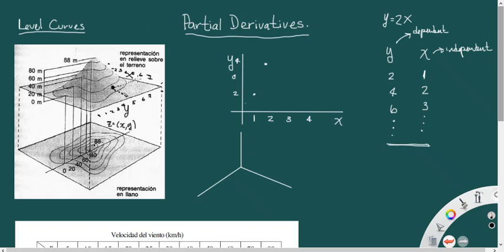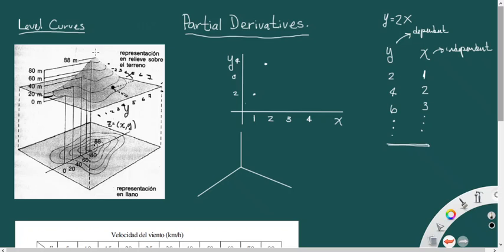So if x equals 6 and y equals 5, then z is going to be equal to some value between 10 and 20 meters of height. In this case, we have this height variable as the dependent variable, and this couple of variables in this plane is going to show us, according to the coordinates, what the value of the height is going to be.